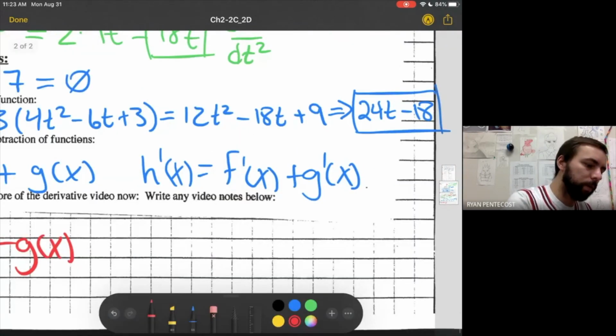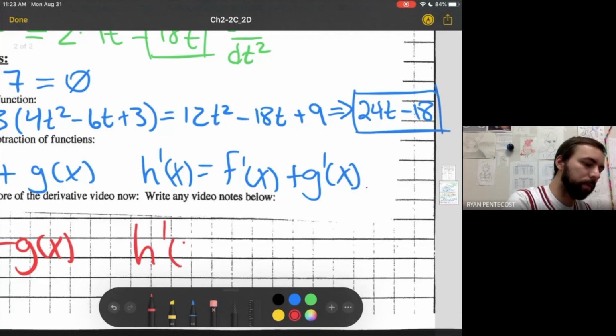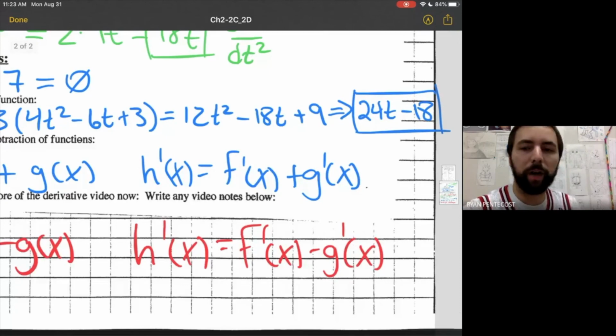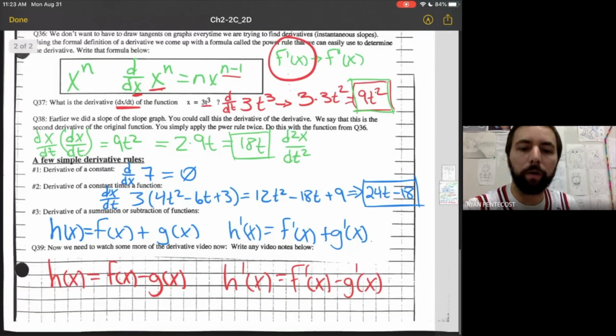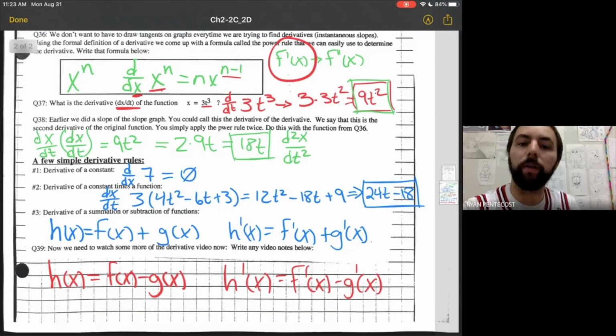All right, so then h prime of x would equal f prime of x minus g prime of x. So if you're adding or subtracting functions, all you do is take the derivative of each function, then add or subtract them, whichever was in the original function.